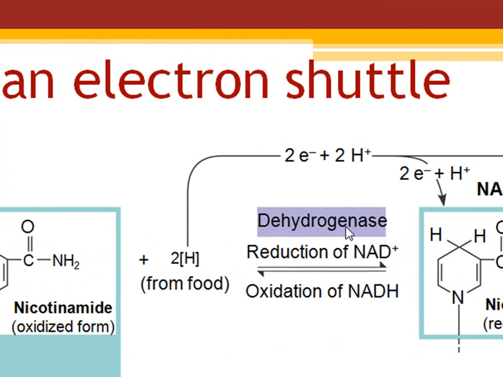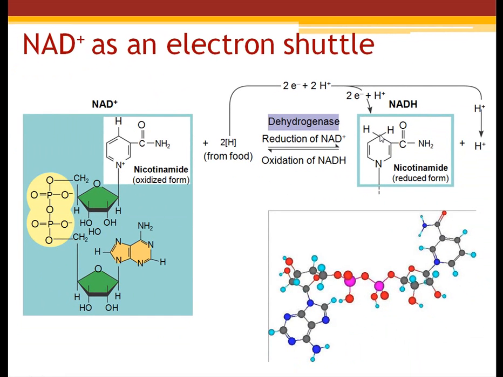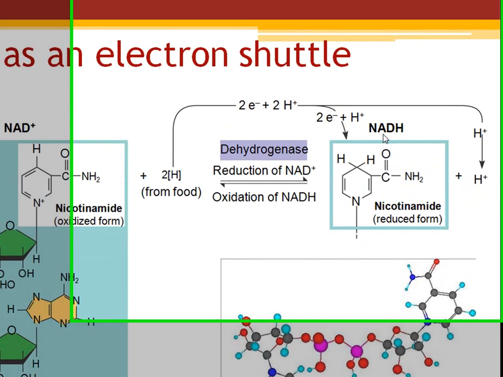This enzyme will then transfer 2 of those electrons to the NAD+, one here and one here. As you can see, that electron has gotten rid of the positive charge. One proton is also carried on the NAD, and in turn we have the reduced form, NADH.